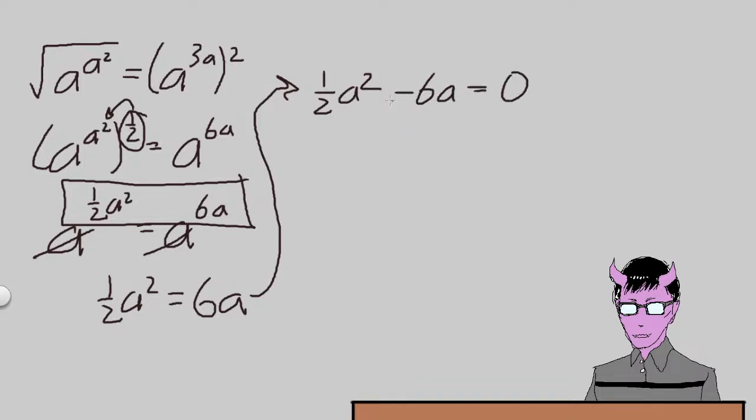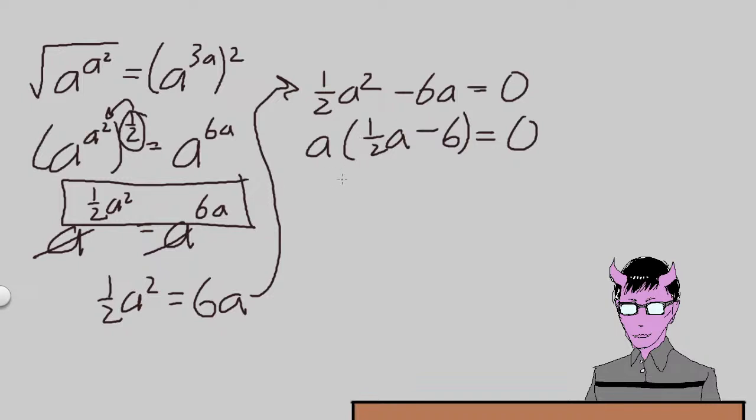It's equal to 0. So anytime you reach this particular setup, if you can factorize one side, you could just use the zero product property. We'll factor out a from both of those values. And yeah, that's it. So we have 1/2 a minus 6 times a is equal to 0.